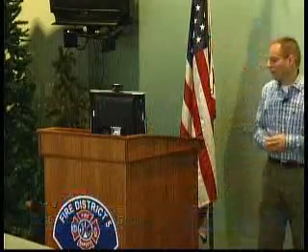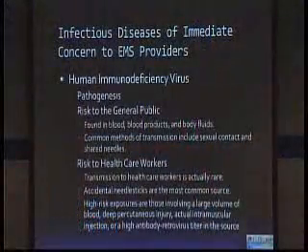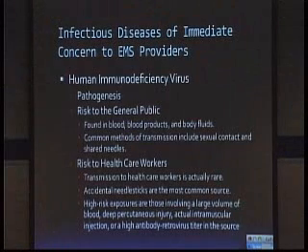So I'm going to start off by talking about HIV. HIV is found in blood products, body fluids. The most common way it's transmitted is sexual contact. The fastest growing group of people who are getting HIV are heterosexual people. Shared needles is obviously definitely a risk factor.